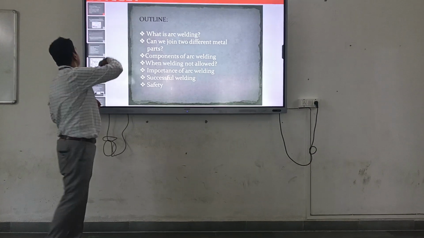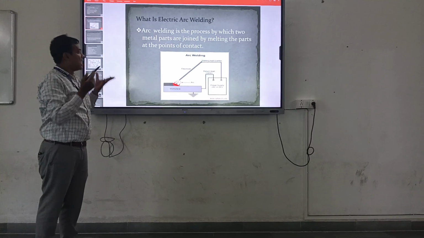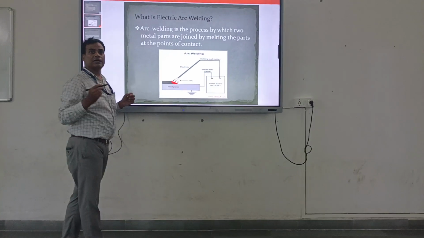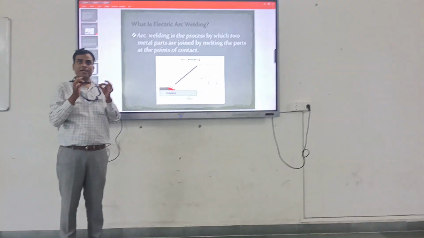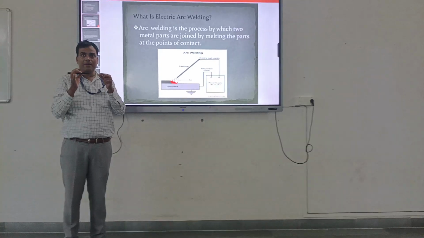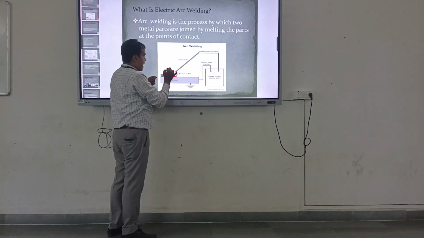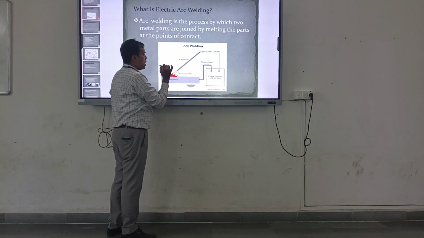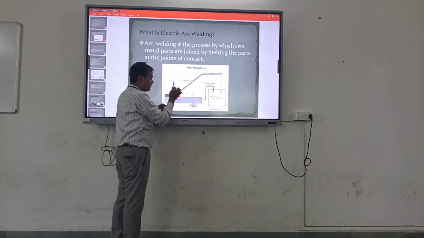The next slide is the electric arc welding figure. What is electric arc welding? Electric arc welding is a welding process which joins two metals at a particular point or along a length.